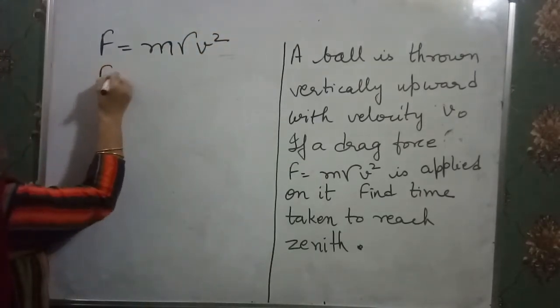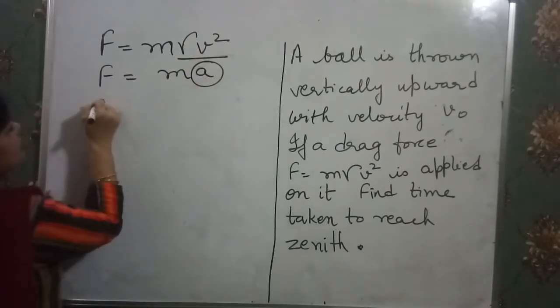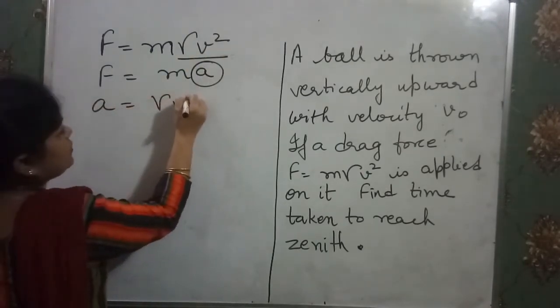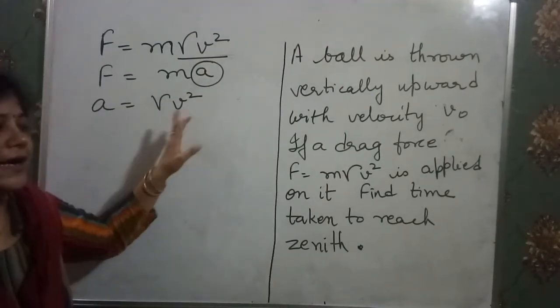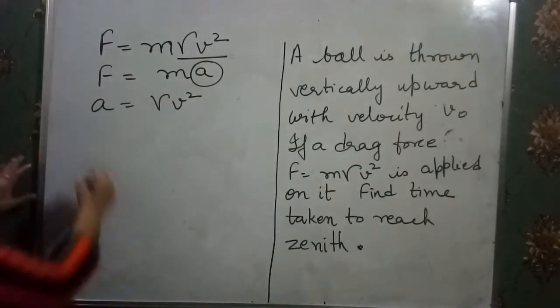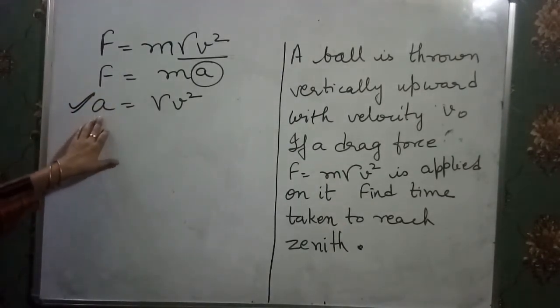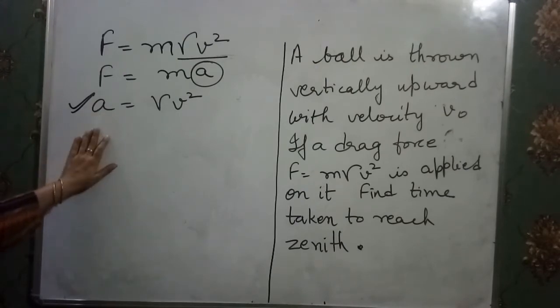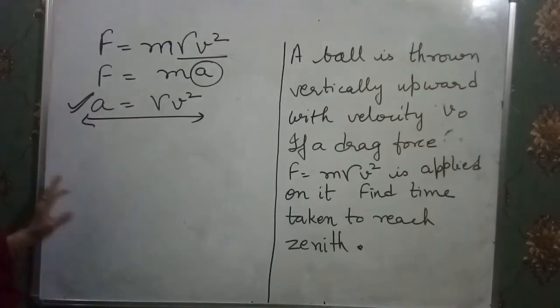Comparing with the formula, the acceleration is equal to gamma v square. In order to find the velocity at the zenith, we must find the velocity from the acceleration, and this can be calculated by integrating it.